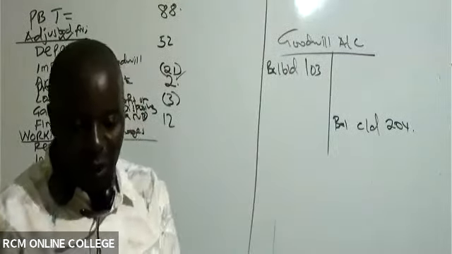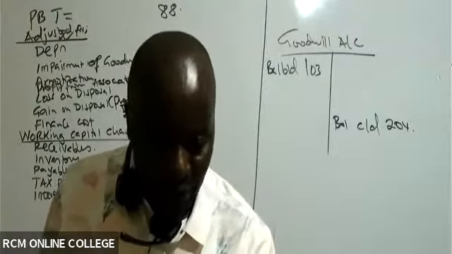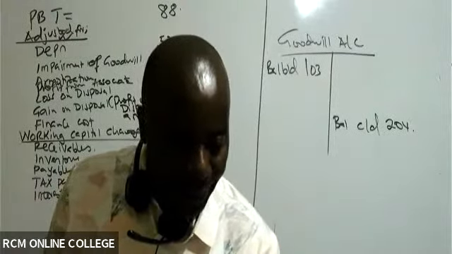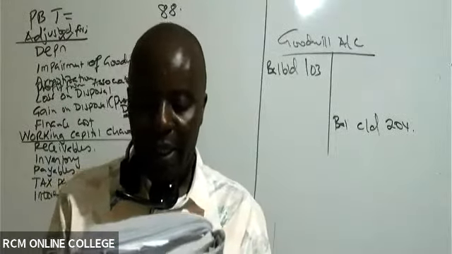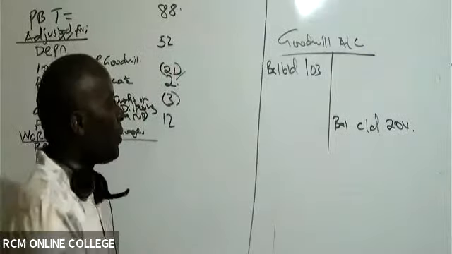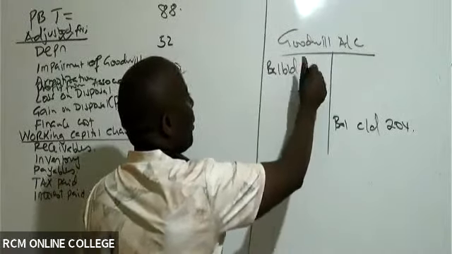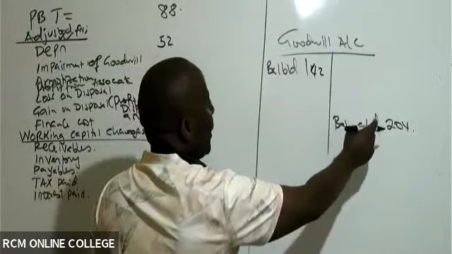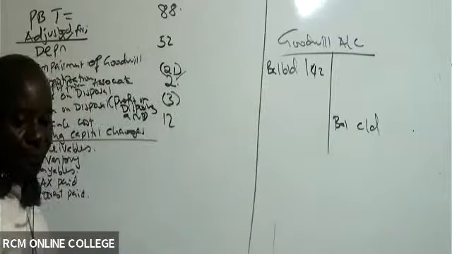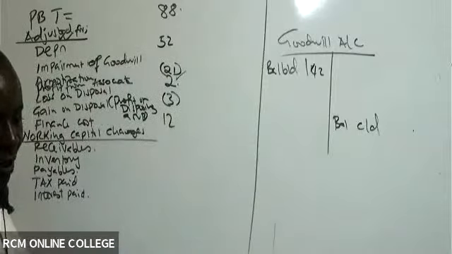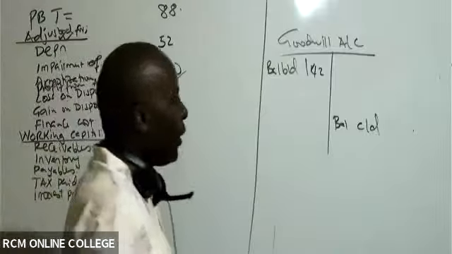They're saying, Mwalimu, this is 142. So balance brought down here is 142. How about balance carried down? I'm being told balance carried down is 75.